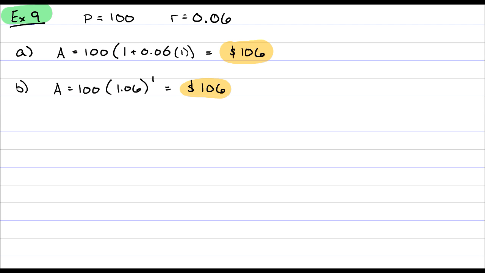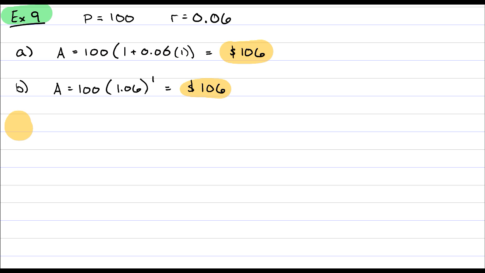The simple interest problem is still going to earn $6 a year in interest, but the compound interest scenario will earn a little bit more than $6 every year. And in fact, the amount of interest it earns will increase over time. But anyway, after 1 year, the balances will be the same.